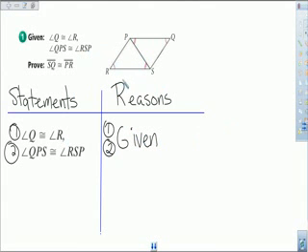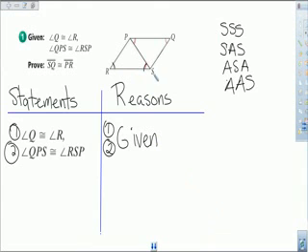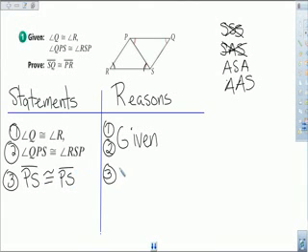And we have, I know that's crooked. Statements. And reasons. Okay, statements. So let's put the given part first. Segment SL is congruent to segment SR. Right there.